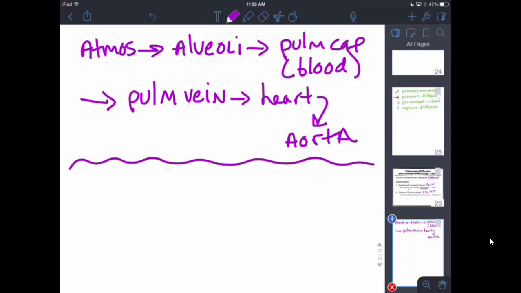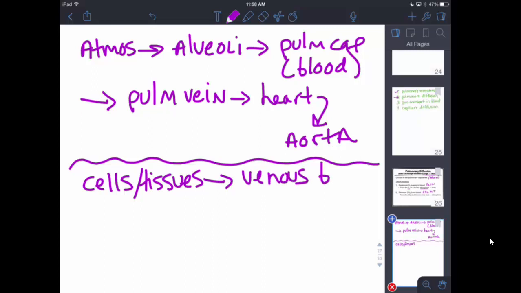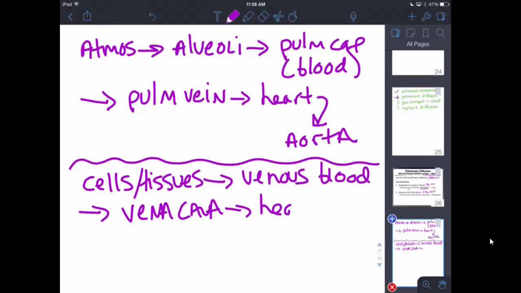When we look at CO2, CO2 is going to originate in your cells or in your tissues, and it will leave your cells and your tissues, and it'll end up in your venous blood. Okay, and the venous blood ends up in your vena cava, which enters the right atrium and brings the blood into the heart.